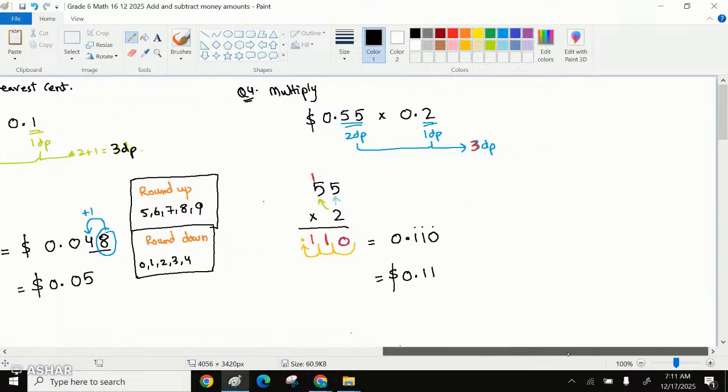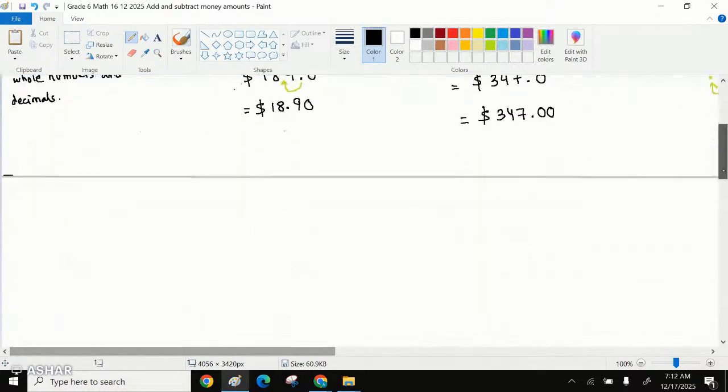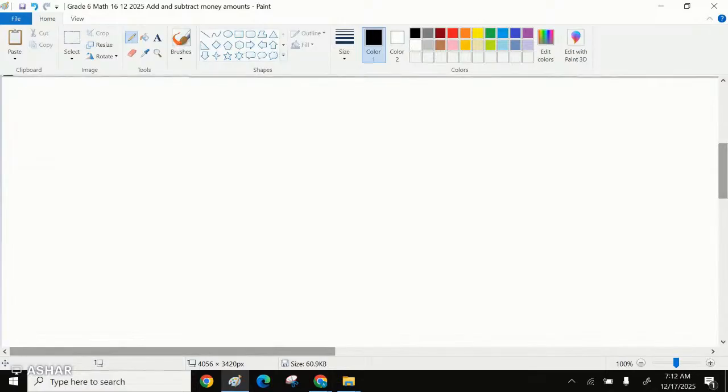The next question says, question number 5, it says, multiply $25 to 2 decimal places. Why?